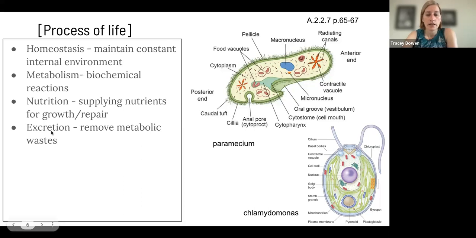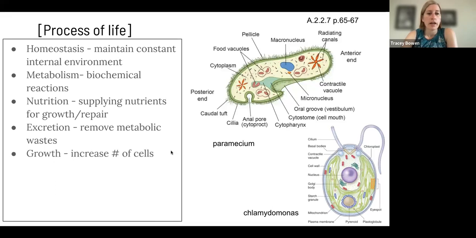In the case of generating energy, that's going to be carbon dioxide, but in the case of breaking down proteins, that might be urea. That's the case in humans. That's a metabolic waste product, and we have to remove that. Excretion would be breathing out, or peeing for humans. Obviously, parameciums do not have bladders, so they're not peeing the same way that humans would.